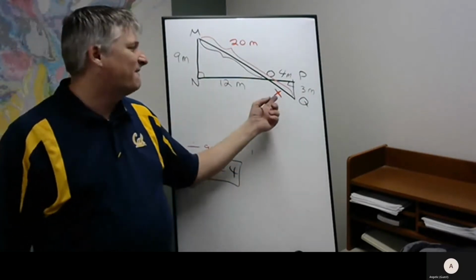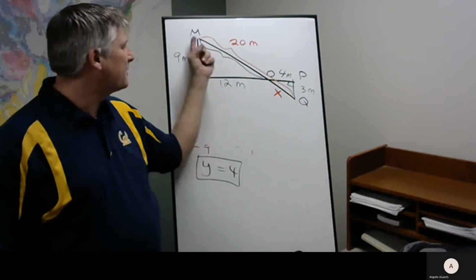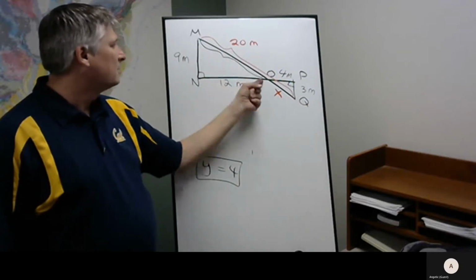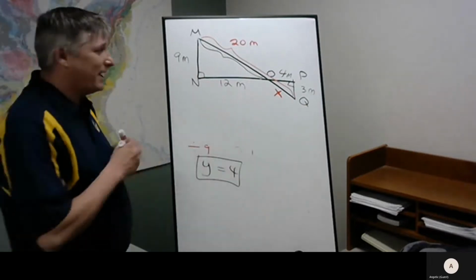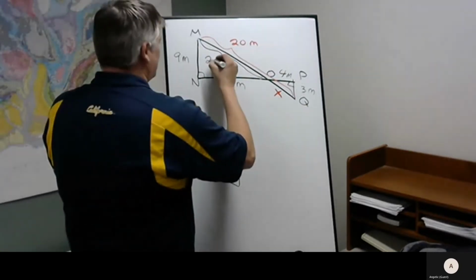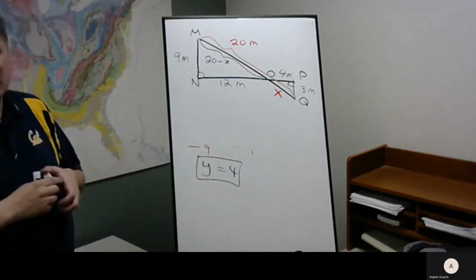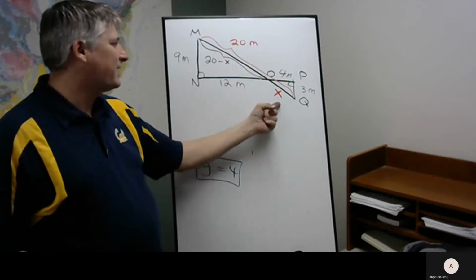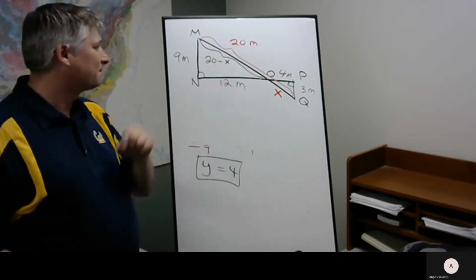If we knew this was, say, 5, well then this, since the entire thing is 20, this piece is 20 minus 5. Now, we don't know what x is, so we're just going to call it 20 minus x. And oddly enough, if you add this plus this, negative x and x will cancel out. We'll leave you with the 20s.